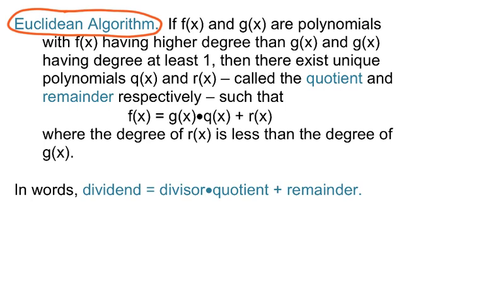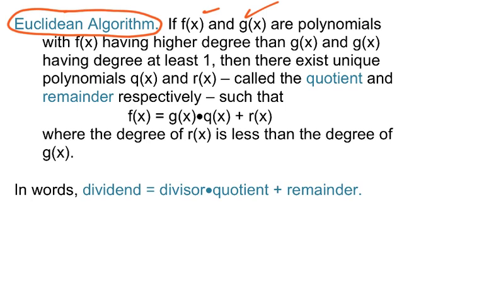Suppose you have two polynomials, f and g. Just to give it away, f is the polynomial you're going to divide into, called the dividend, and g is what you're dividing by, the divisor. And f of x, the dividend, has to have higher degree than g of x, and g of x has to have a degree at least 1.